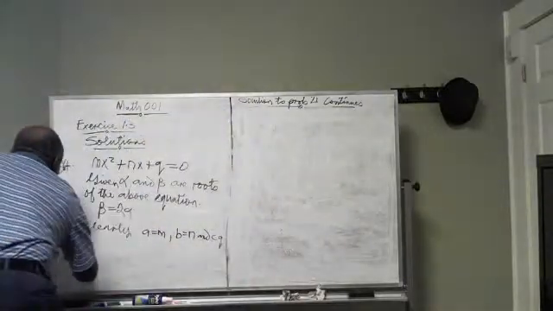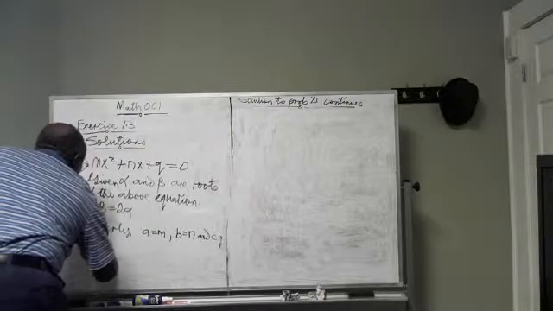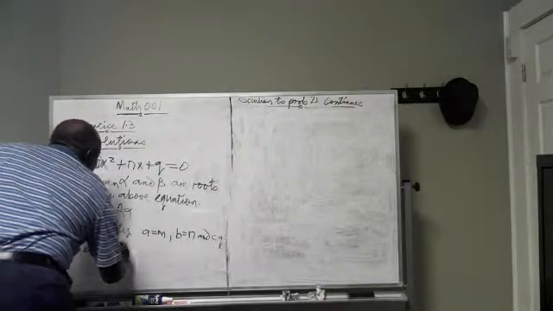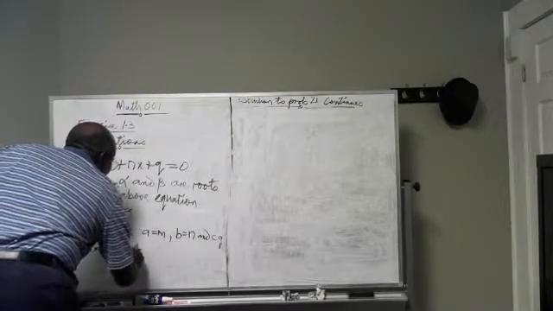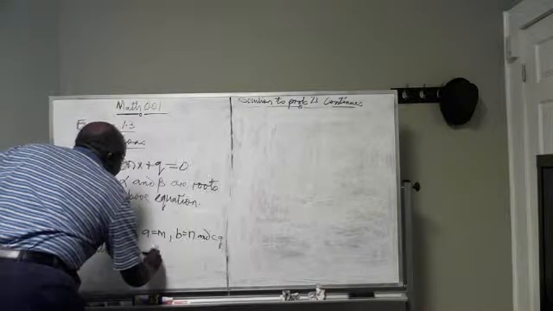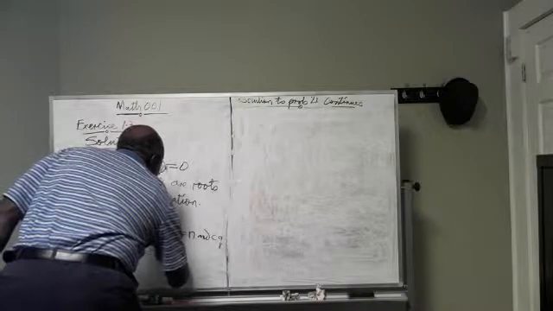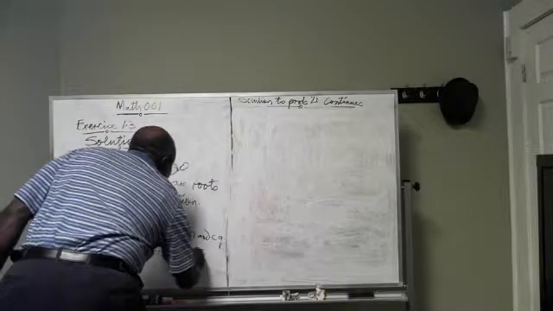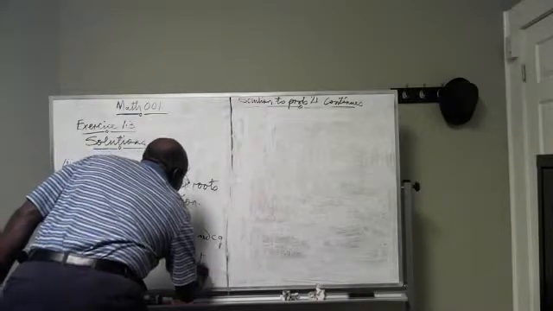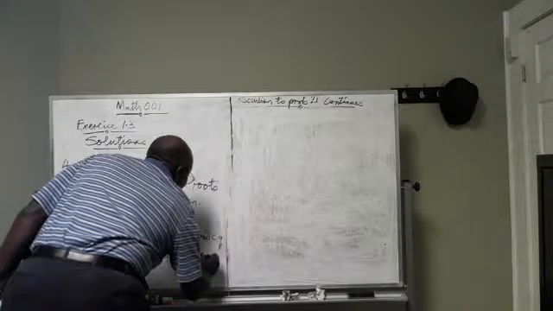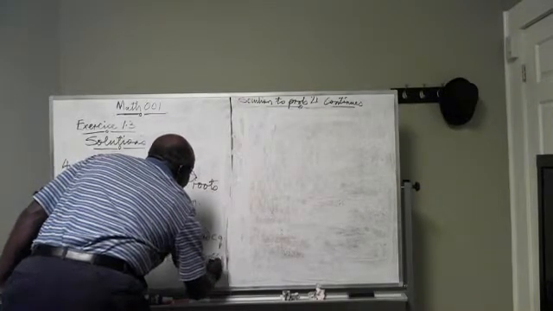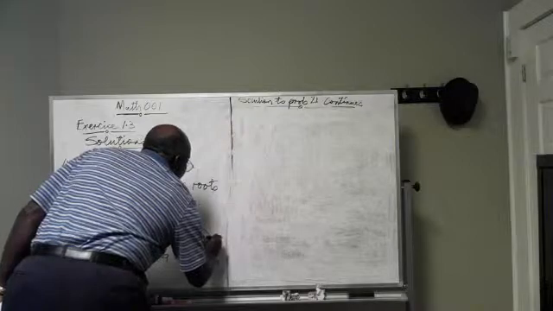Recall, alpha plus beta equals minus b over a, and alpha beta equals c over a. C equals q here.